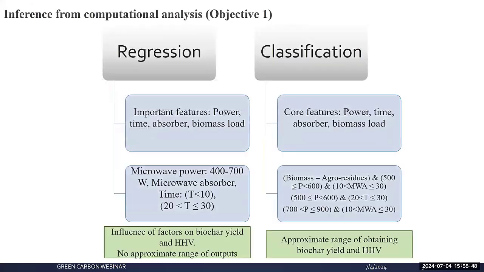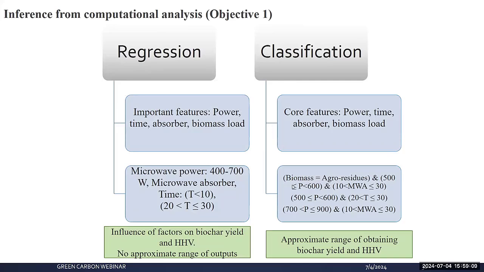Coming to the inference part, we have applied different machine learning methods like regression and classification, where the important features observed from the regression technique are similar to the core features obtained through the classification.